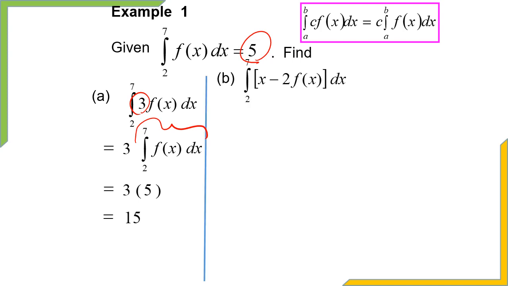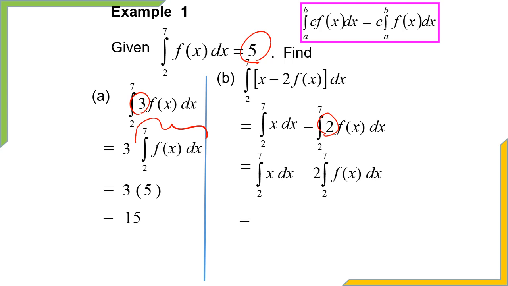For question B, the integration of x minus 2f(x) with respect to x from 2 to 7. We can apply the subtraction between two functions. So it will be the integration of x with respect to x from 2 to 7 minus the integration of 2f(x) with respect to x from 2 to 7. This 2 is just the coefficient we can take out.